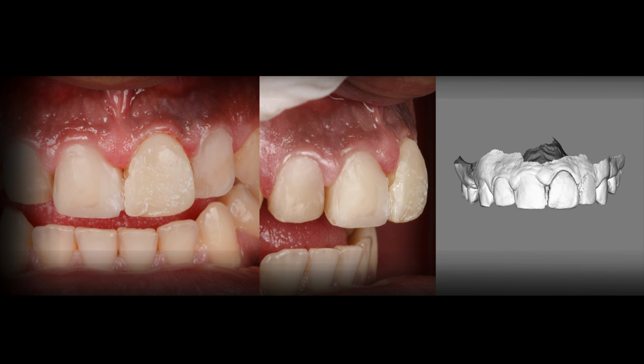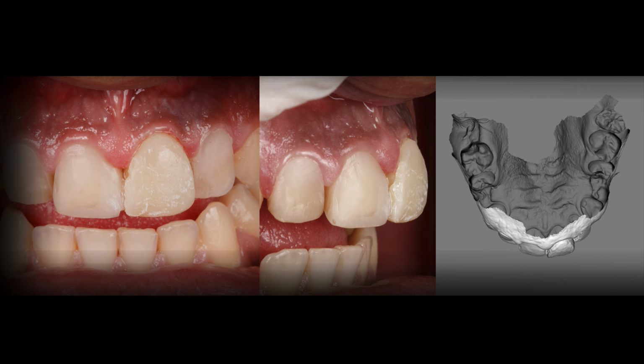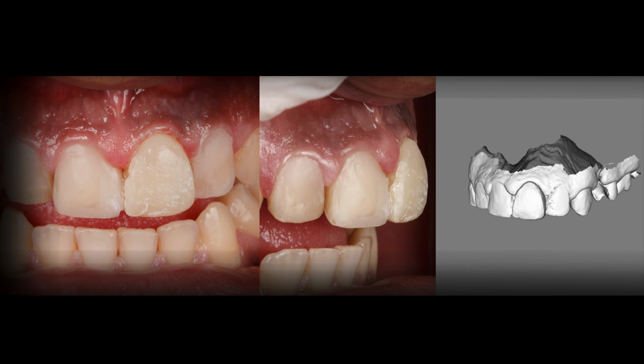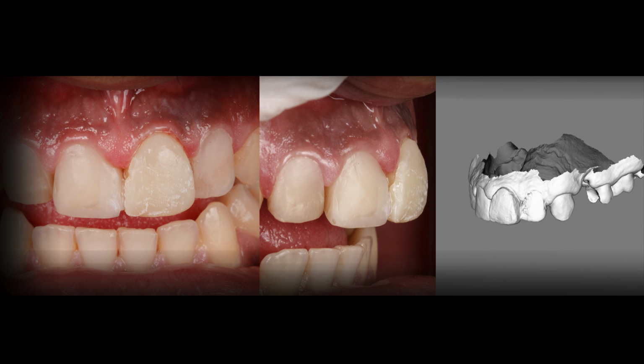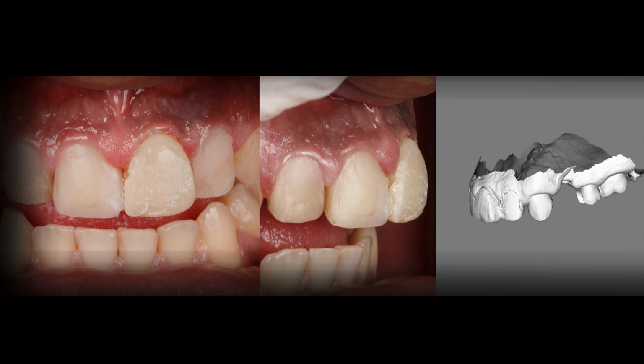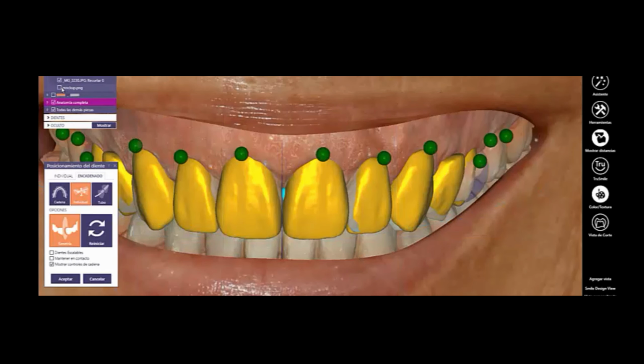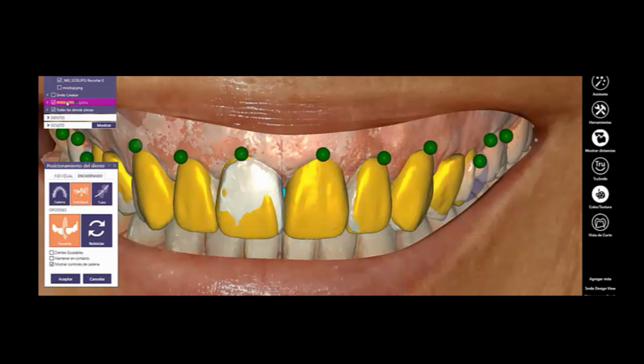And one very interesting tool, because now we are going to communicate with the lab technician, is to make a composite veneer on the top of the tooth to tell the lab technician how he has to design. Time ago, we were designing with the wax-up, but nowadays we have these tools, the ExoCAD.